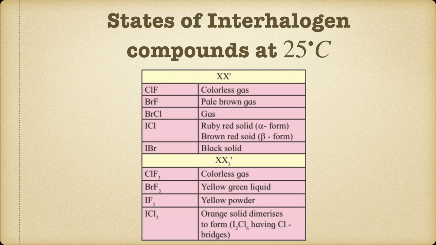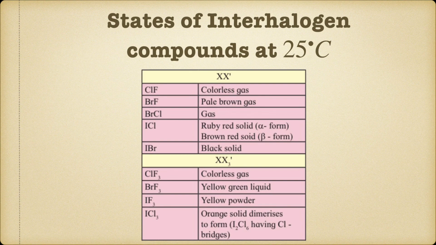Next we'll see the states of interhalogen compounds at 25 degrees Celsius. The first type, XX', has 5 examples: ClF, BrF, BrCl, ICl and IBr.